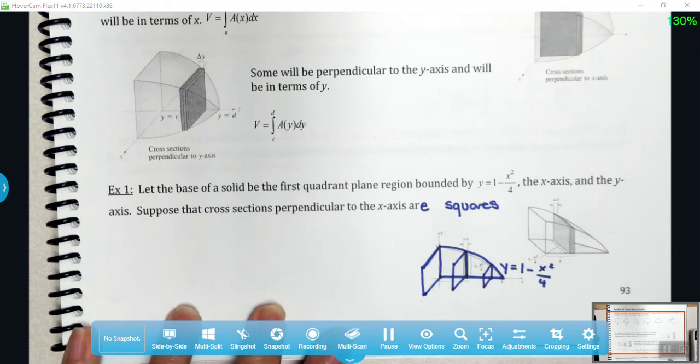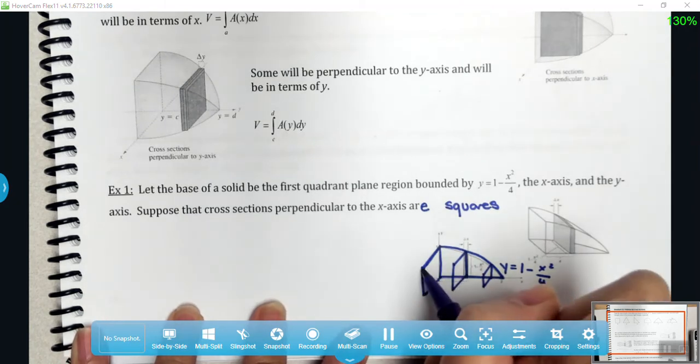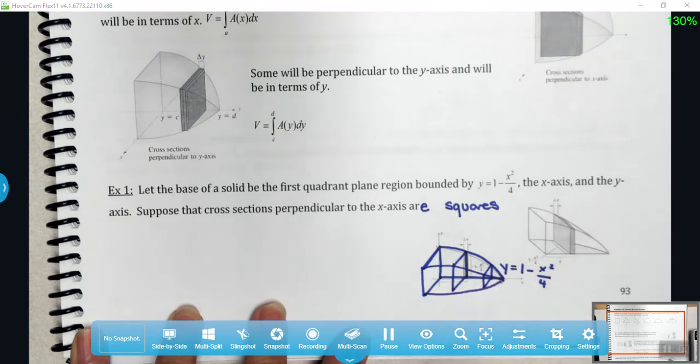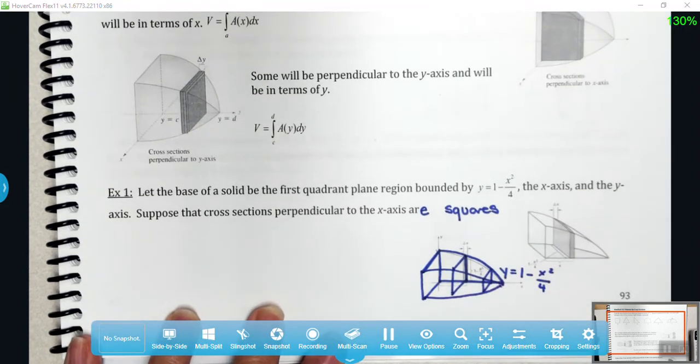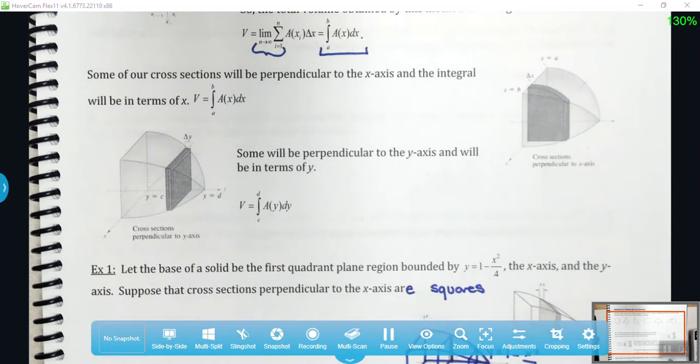If you pull those little cross sections out and then add them all together, you end up getting the volume of the region with a cross section that makes a square. If you need a visual, let's do a visual.